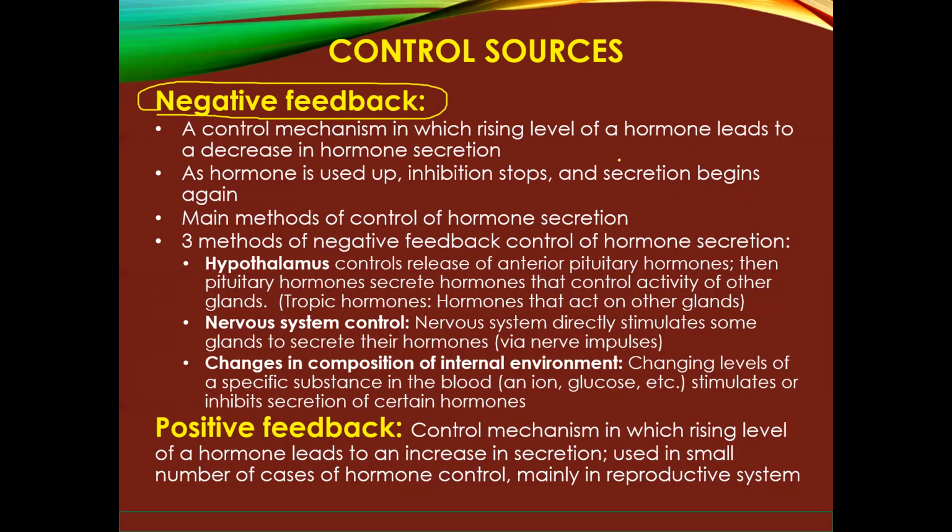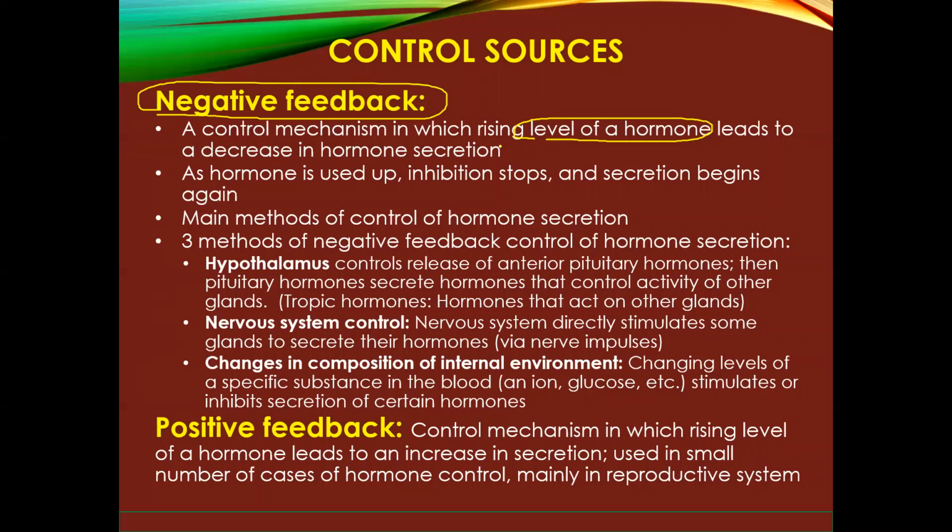So this system actually controls the hormone production. If the level is rising, then the hormone production will be reduced. So if the effect is increasing, then the response will be decreasing that hormone.